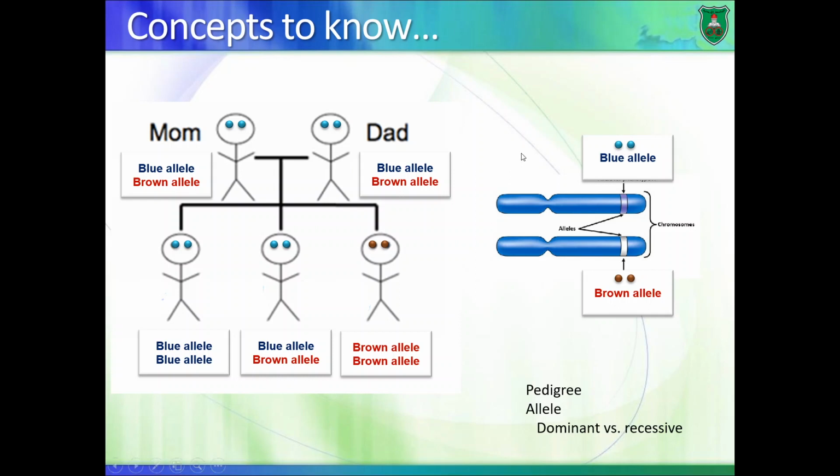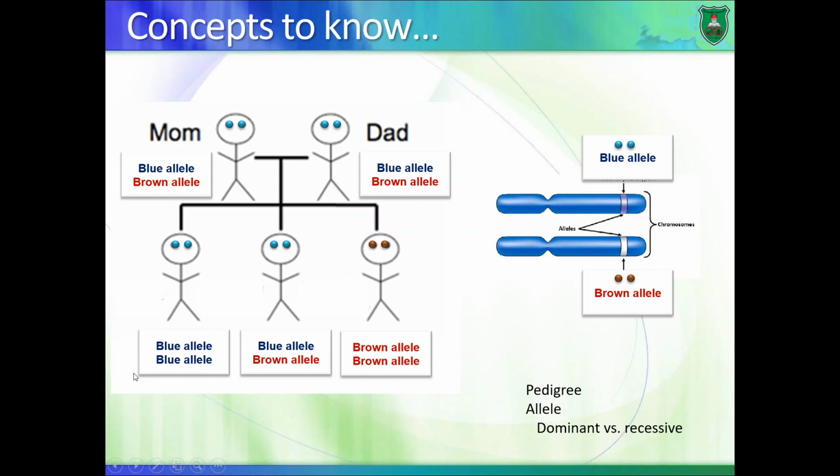Now they marry and they have 3 children, and 2 of these children have blue eyes and 1 child has brown eyes, okay? When we look at the alleles of the first child, we find that this child has both alleles being blue, and we say that this child is homozygous for the eye color gene.